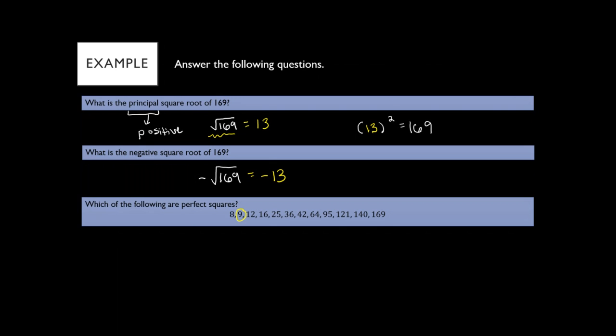For whole numbers, it's really good to memorize perfect squares. So 9 is a perfect square because that will give you 3. The square root of 16 gives you 4.